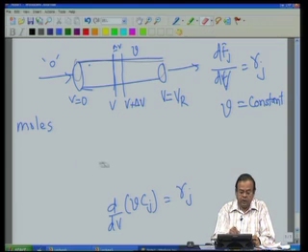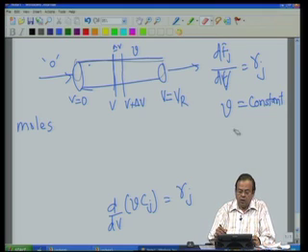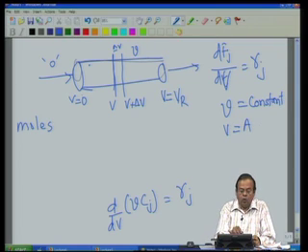So, if diameter is constant, as is the assumption that we have made, then the volume V is nothing but the cross section area A into whatever distance along the axial direction that we have travelled. Let us say that this V corresponds to axial direction of Z, and this is Z plus dZ.